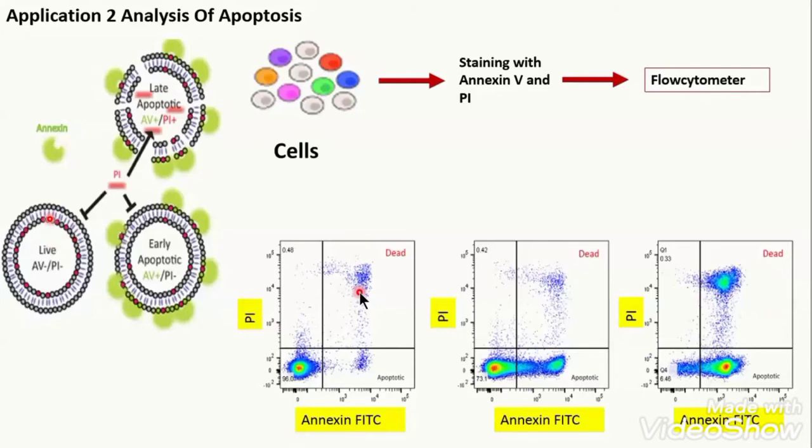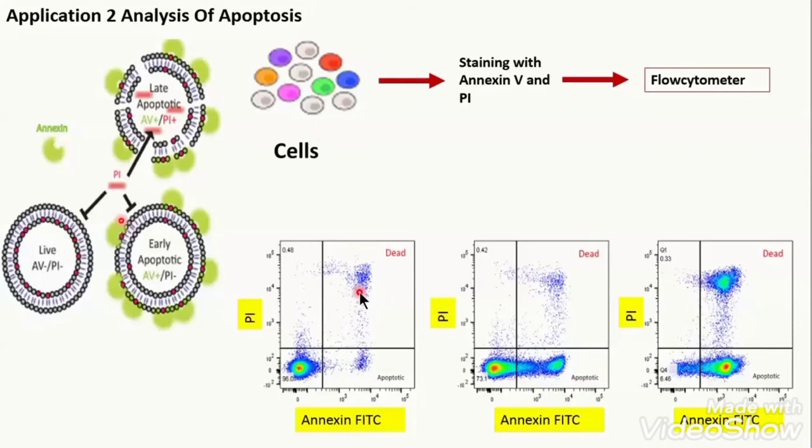Now, if the cell is undergoing programmed cell death or apoptosis, then the phosphatidyl serine gets flipped out. It can come out. So this phosphatidyl serine can be recognized by a protein which is called annexin 5. And this annexin 5 you can label with any fluorescence, and it can bind to that phosphatidyl serine.